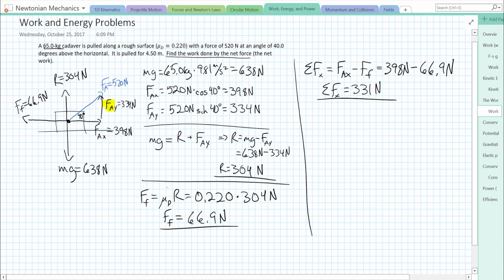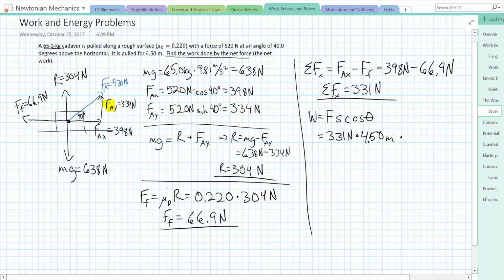And if we want to find the work done by that force, work is equal to force times displacement times cos of the angle between those two. Well, we know the net force is 331 newtons. We know the displacement is 4.50 meters.